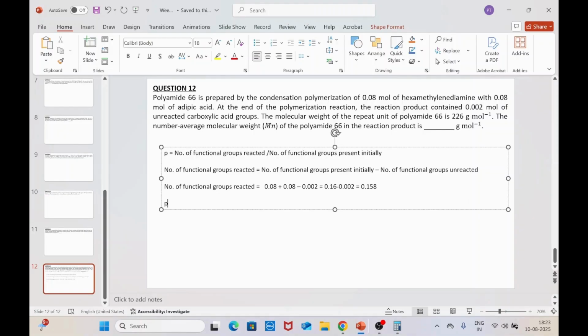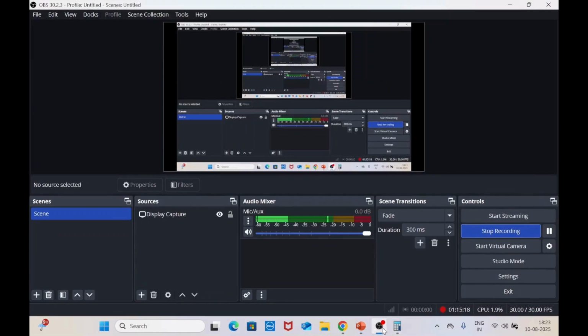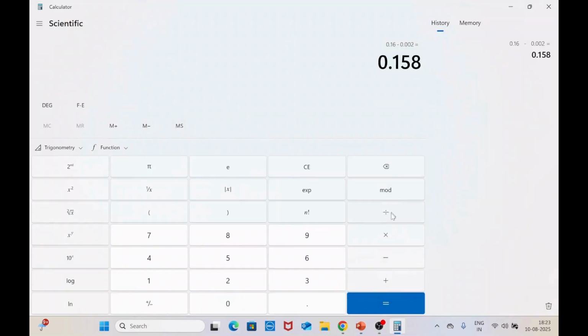So P is nothing but 0.158 by 0.16, which is 0.9875.